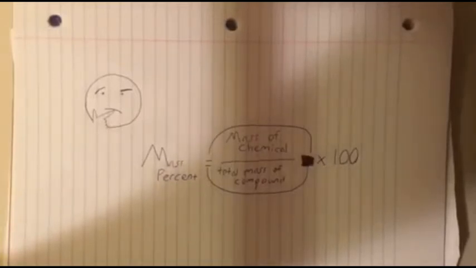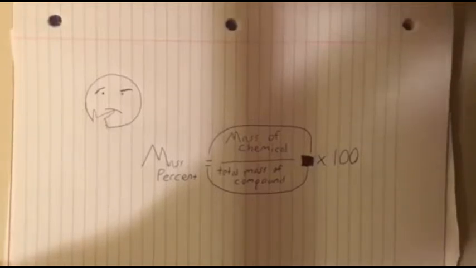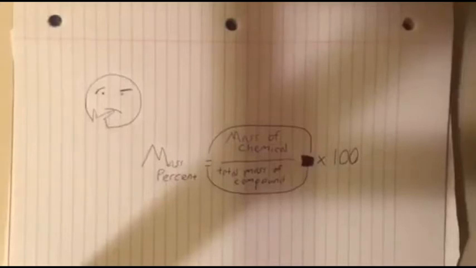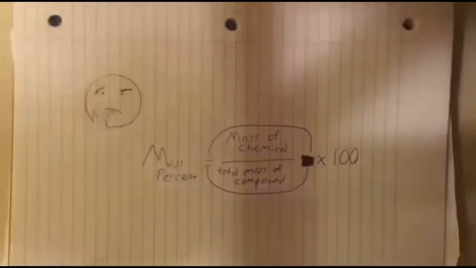So, I'm going to teach you about mass percent and how to understand it. Well, more like how to calculate it. Mass percent is also known as solution concentration because it's the percentage of how concentrated it is.